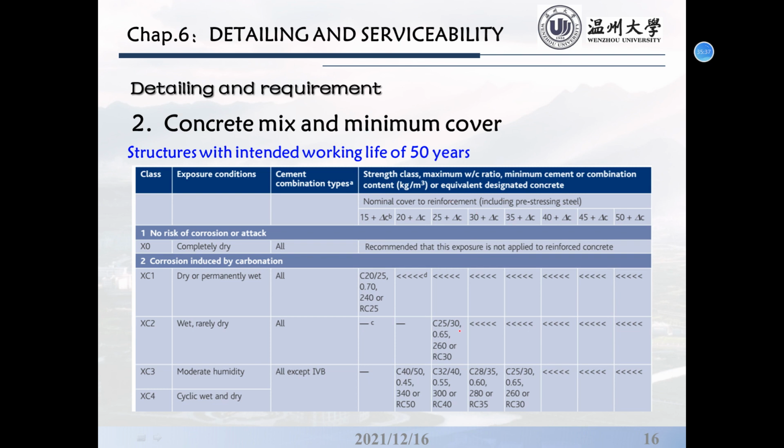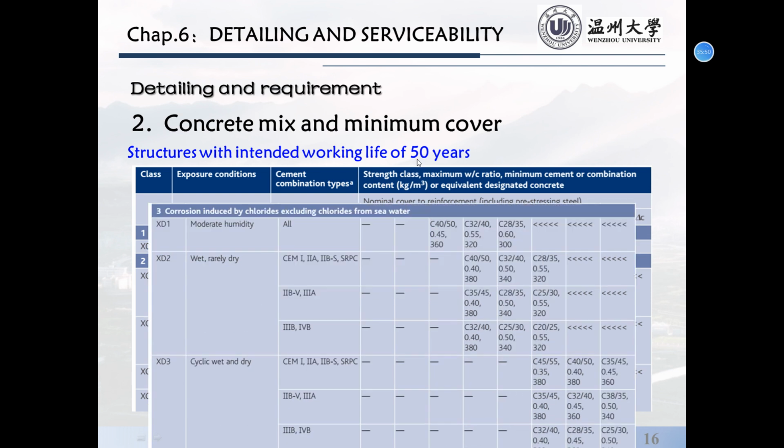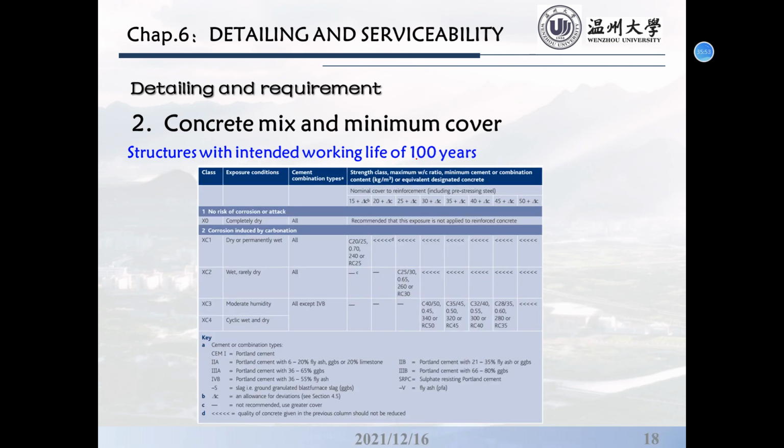And also for different concrete grades, there are different requirements here. This is the working life of about 50 years, and the other is 100 years. According to the different environments, they recommend values for you for the cover design.